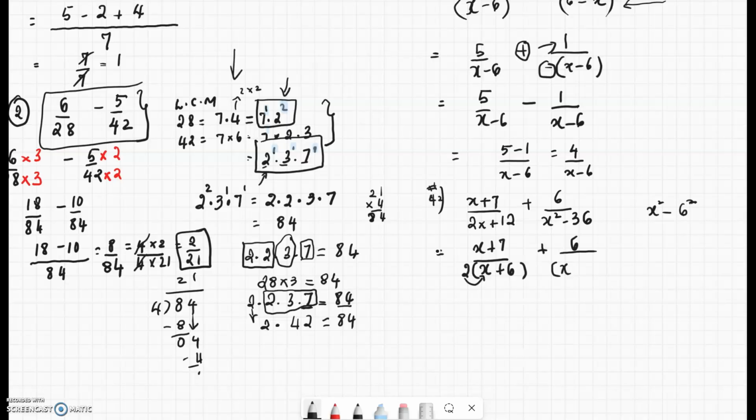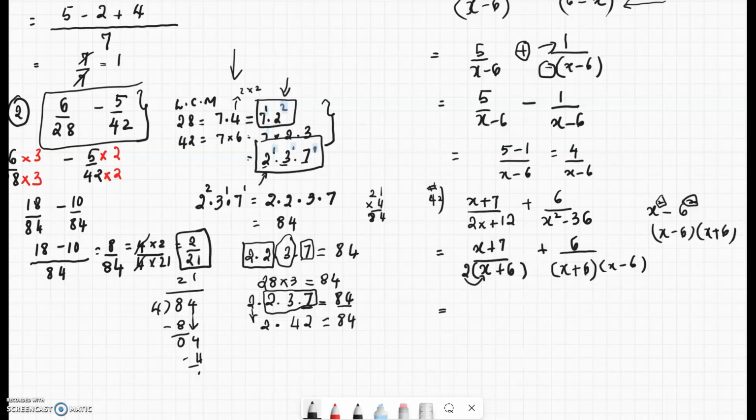And that is easy to factor because you just follow the rule. x plus 6 times x minus 6. So basically, x squared minus 6 squared. Write the numbers without the squares, change the sign, and write the same numbers, and that's how it works.